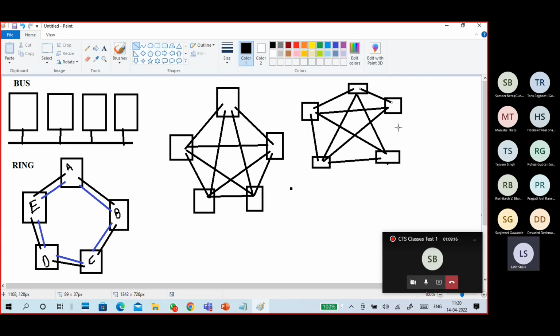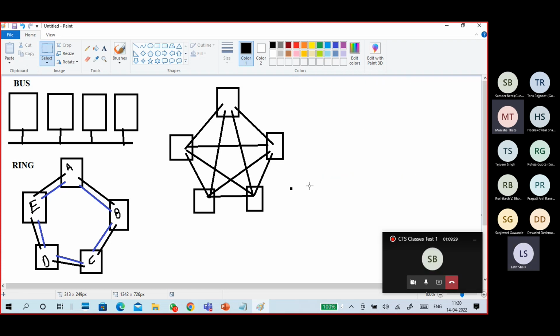Very good. Mesh topology means every device is connected to another device in the network. So this is PC A, PC B, PC C, D. So what is the advantage of connecting like this?